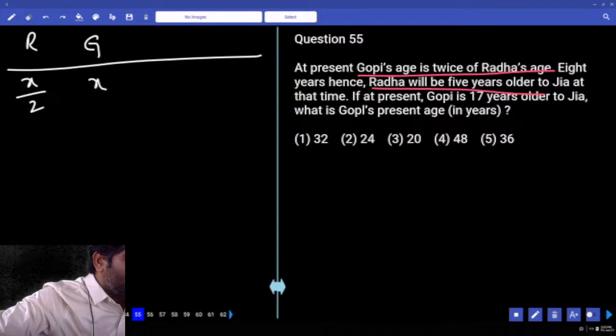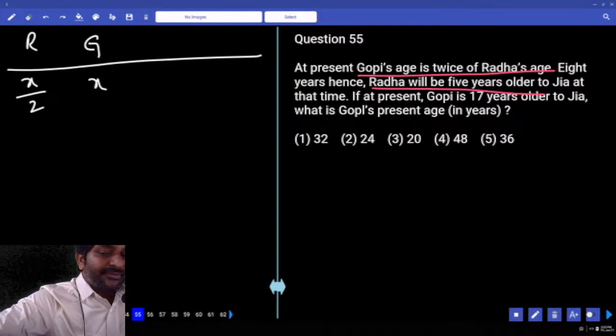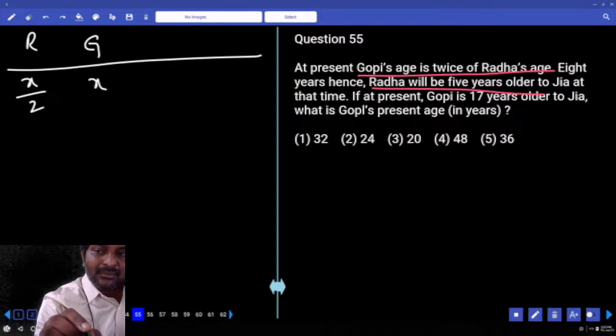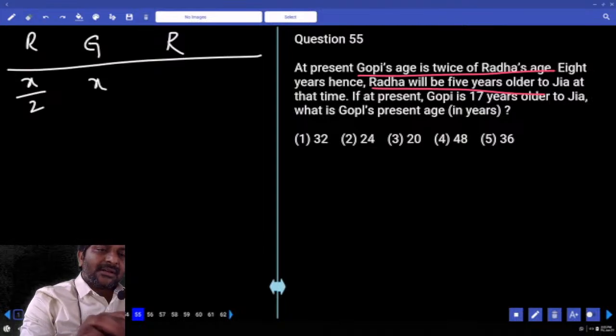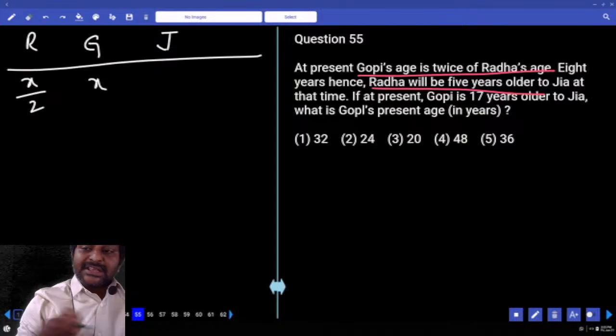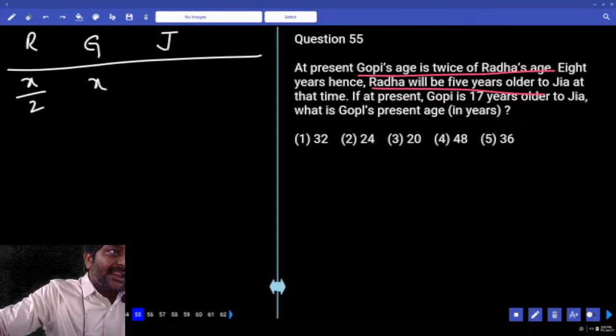You know that point, right? So how much is their age difference? Even at present it has to be 5 years. Now, who is elder? Radha. Then Jia is younger, right?